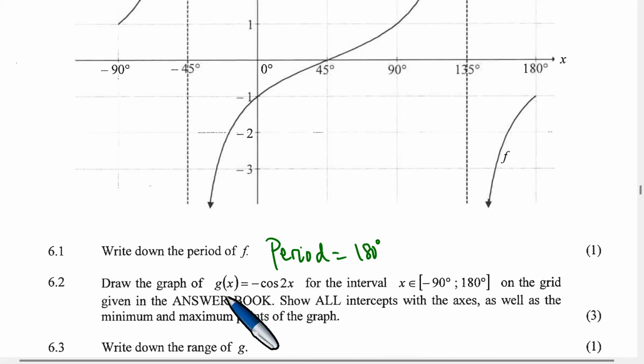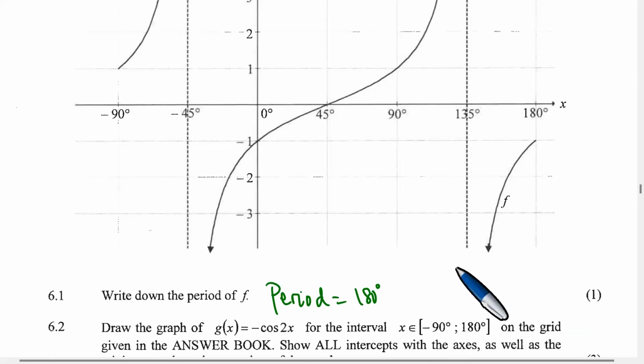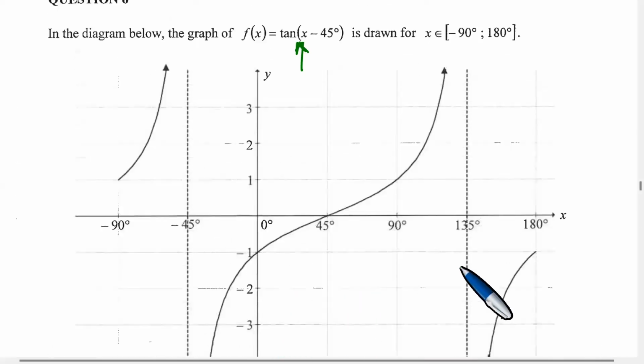So we want to draw the graph of g of x, which is minus cosine 2x. To do that, we proceed as follows.